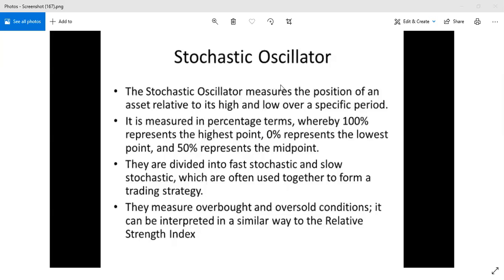It is generally used, same as the RSI, to check where the momentum is, so we can catch more momentum to earn more profit.